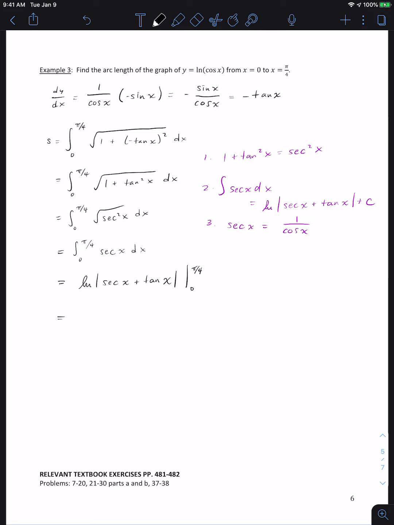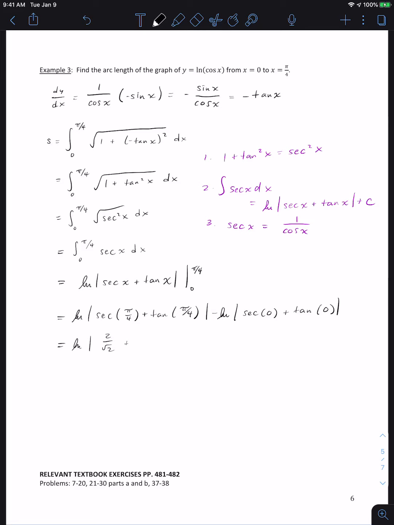Right? So let's plug pi over 4 in. So secant of pi over 4 plus tangent at pi over 4 minus ln of secant at 0 plus tangent at 0. Right? So what is secant at pi over 4? Well, cosine at pi over 4 is radical 2 over 2, right? So what does that mean? That means secant is 2 over radical 2, all right?